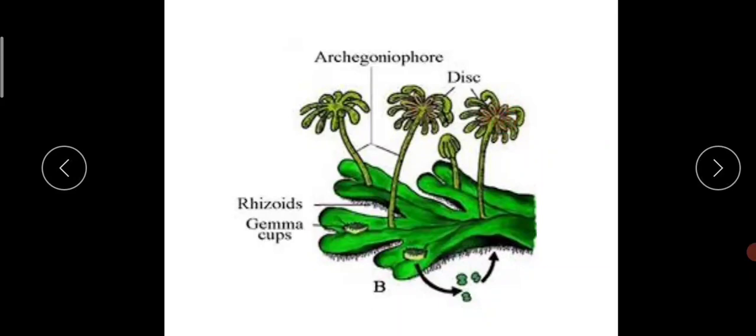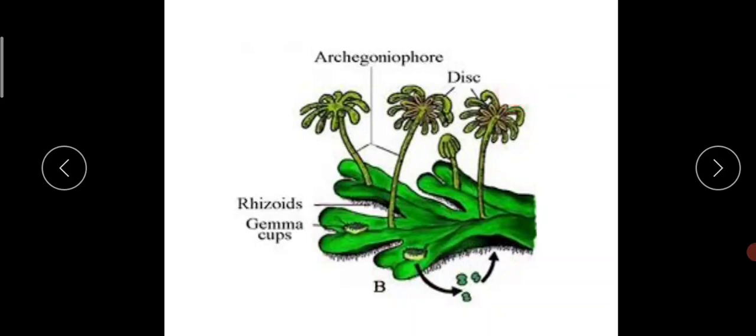these two surfaces show a difference in their growth pattern, and as a result the archegonia-bearing marginal regions of the disc are pushed downwards.